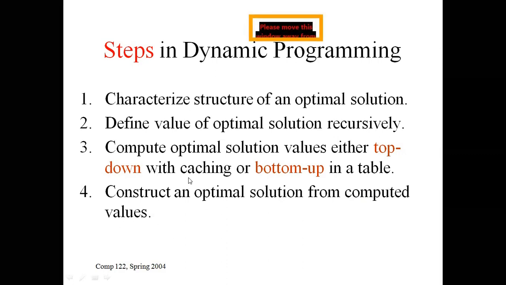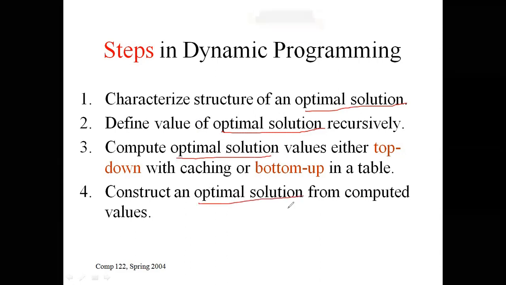See, in each and every step, what is the important term? Optimal solution. Here also in the third step, optimal solution. So we are finding each and every time in the dynamic programming approach, the optimal solution.